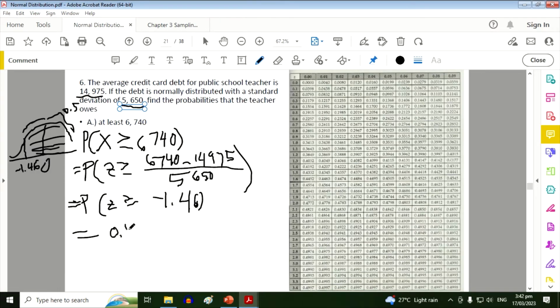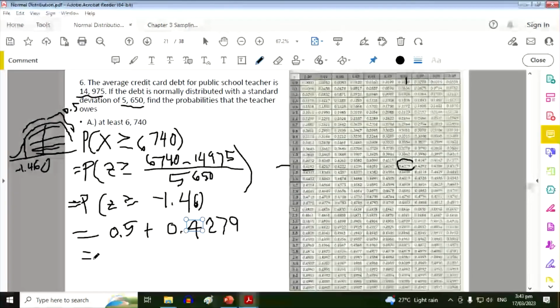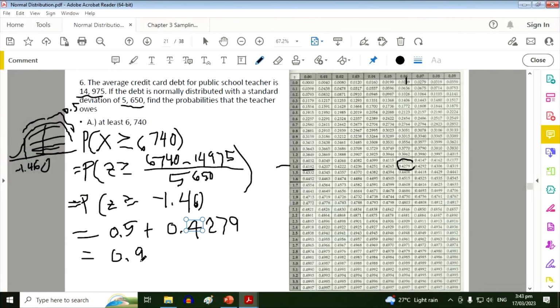So we have 0.5 plus the area of 1.46, which is 0.4279. So this is now equal to 0.9279.